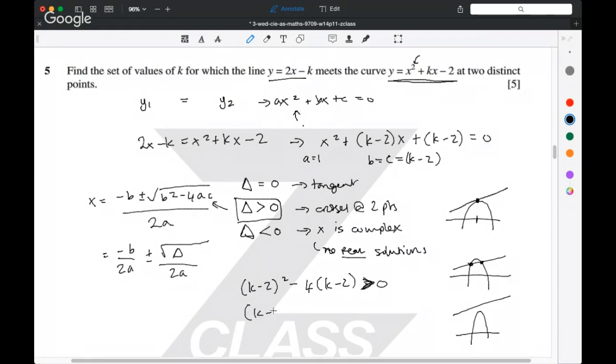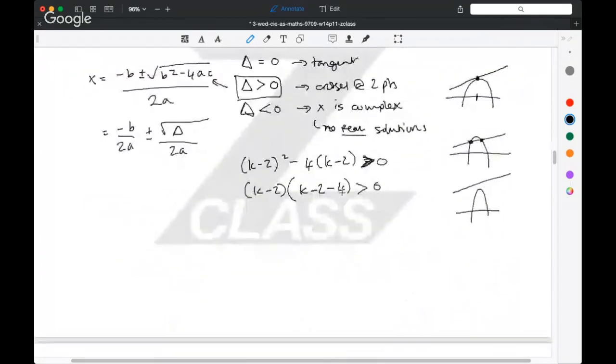So let's gather the k minus 2, k minus 2 minus 4 is greater than 0. For this thing to be greater than 0, either both of these things need to be negative or both of them need to be positive.